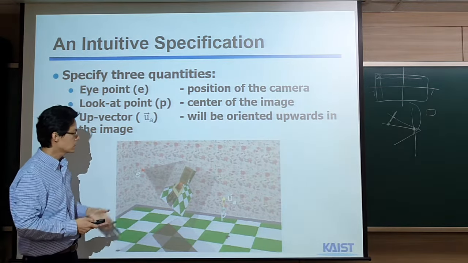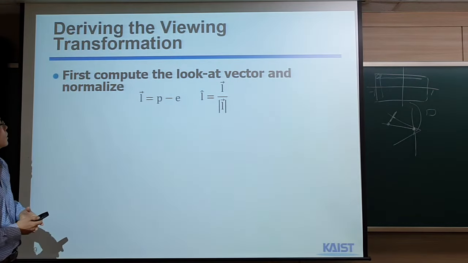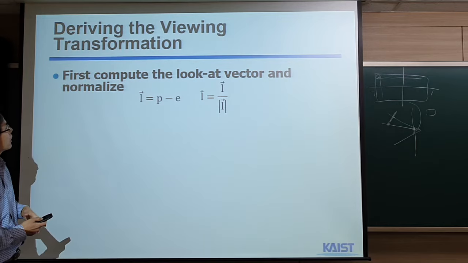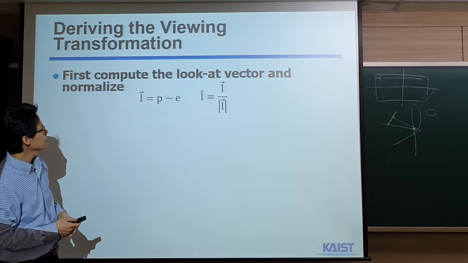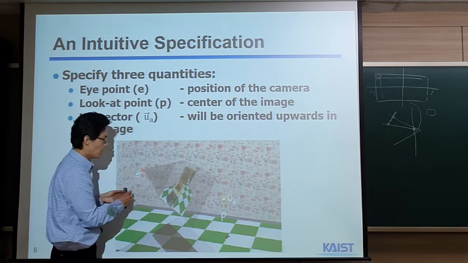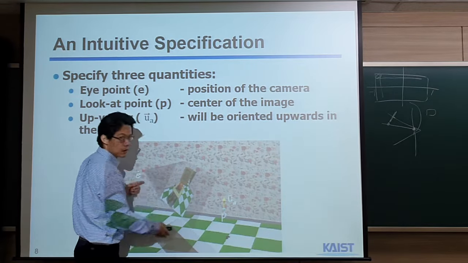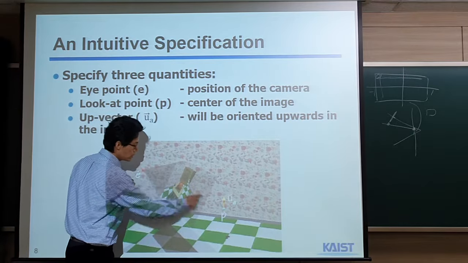Based on that, we can also define the affine frame, the 4x4 matrix. So starting from these intuitive parameters, we can first define this look at vector, the look at direction, right? Here, our camera origin is located here, and we are looking there, right? By subtracting E from the point P, we can define the vector.